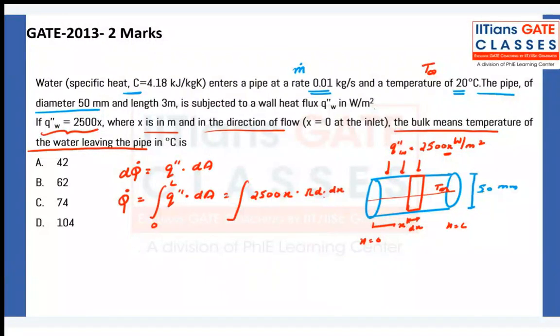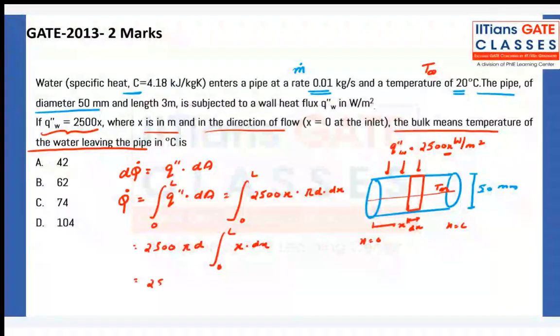Now we can integrate this from 0 to L. So it will be equal to, let me take out 2500 pi, diameter is also same, 0 to L x dx. So can you calculate this for me?